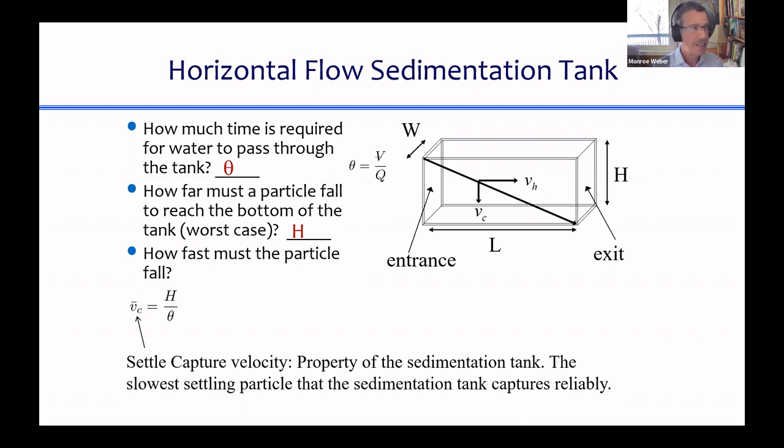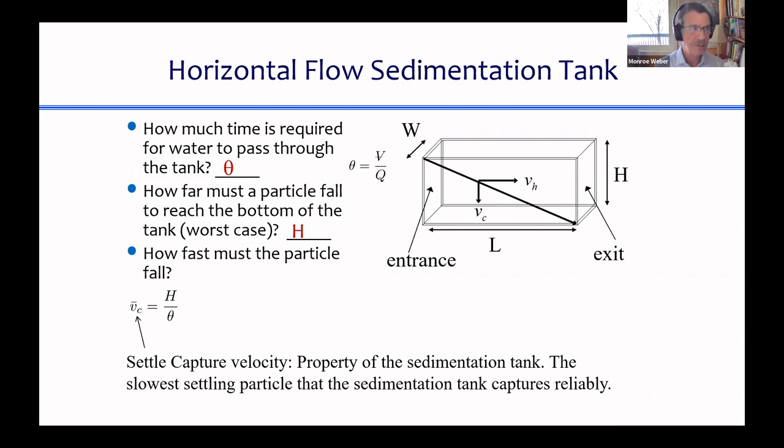And so it has to drop a distance of h in time theta. Otherwise, it's not going to get there. Got it? It's got to drop distance h in the time that it takes for it to cross the tank.